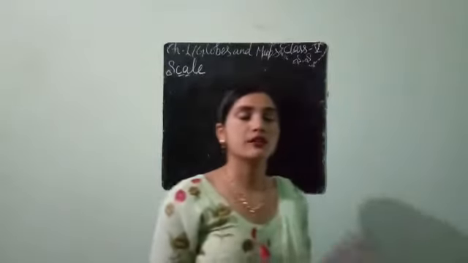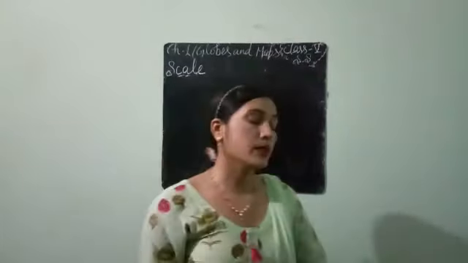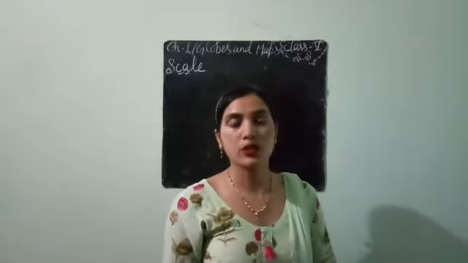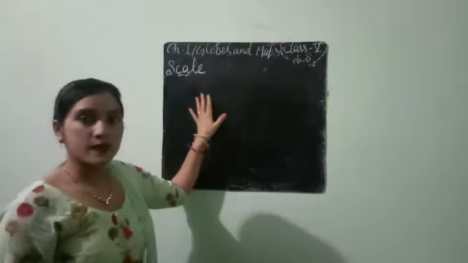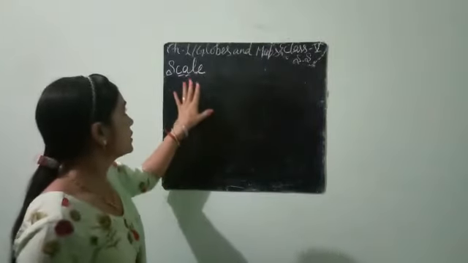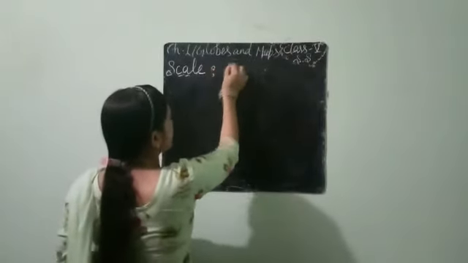In our daily life we use this type of scales, but today you will learn how a scale is used on a map. First of all, why do we use a scale on a map? The scale is always used to measure the distance.